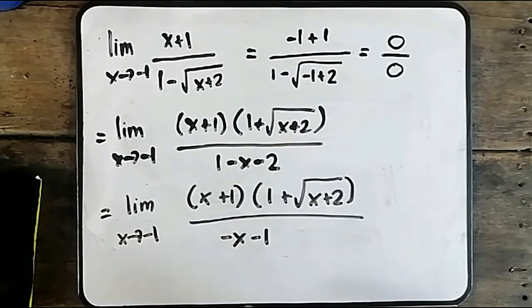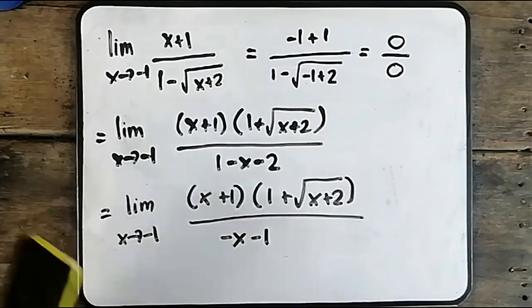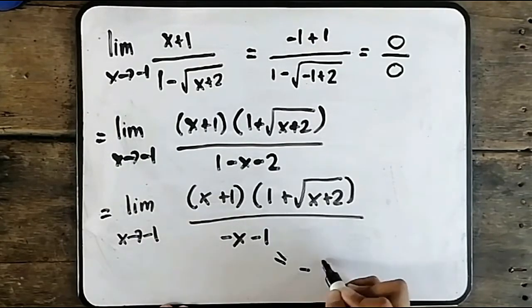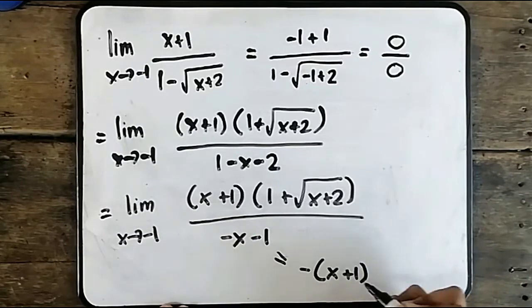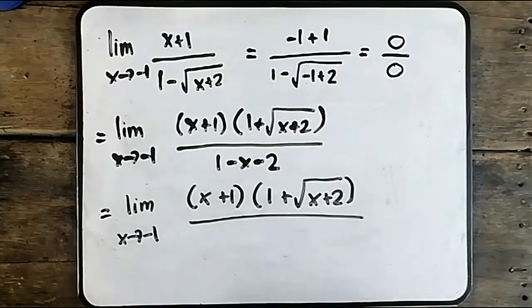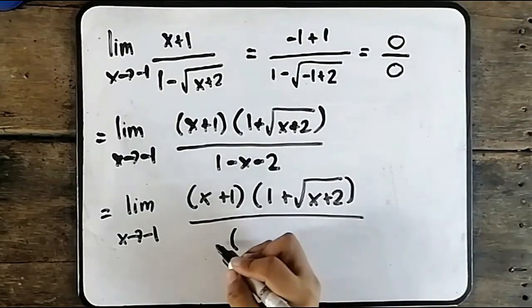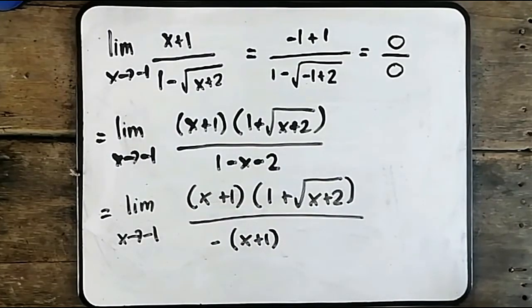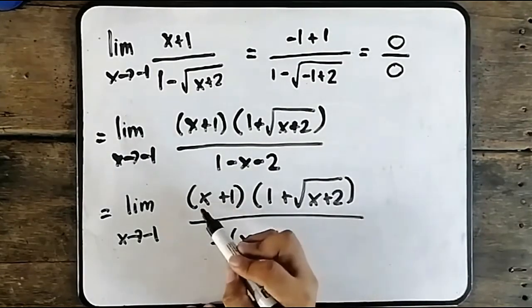Observe that this can be equal to the negative of x plus 1, right? Pag nilabas natin yung negative. So we can rewrite this now as this one. So we have negative of x plus 1. So we now have a common factor. Pwede na natin siyang tanggalin.